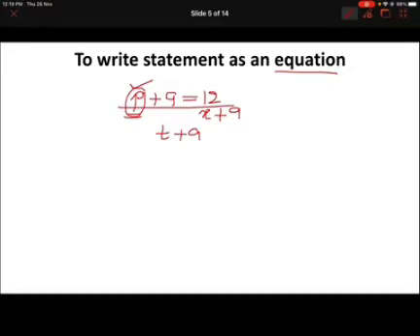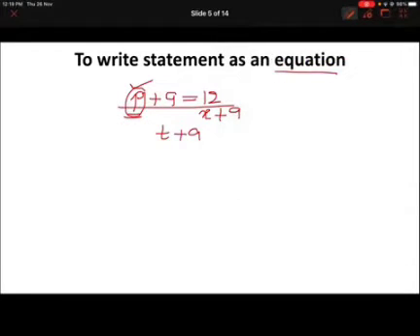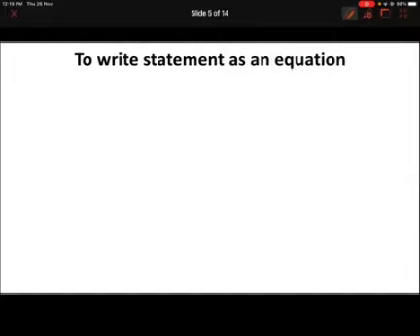So that's what we are going to learn in this clipping. So I'm going to give you various statements and check if you can do the equations for those statements. It's very simple. Last year you have learned, so try to recall. So there are various statements and equations here. Check them out.